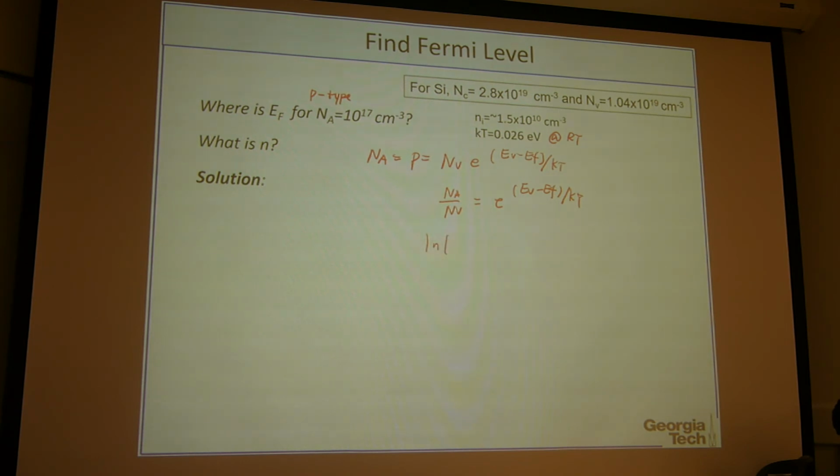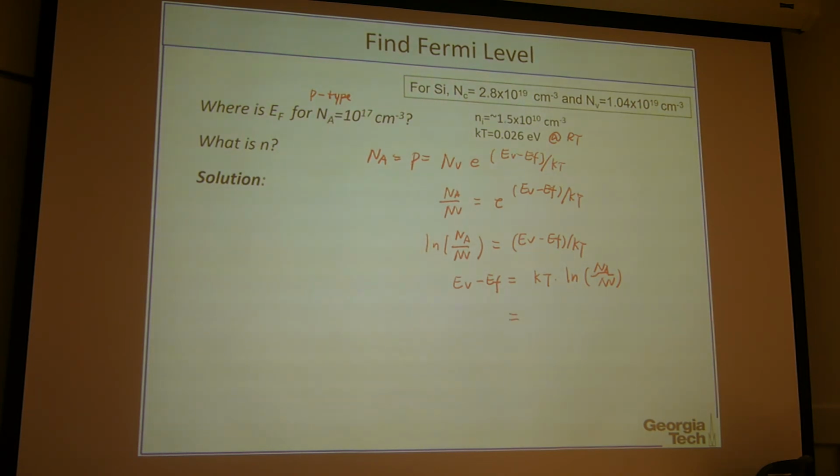If you do that, it will give you EV minus EF over kT. Then you move the kT to the other side. So EV minus EF is kT times natural log of Na over NV. Then you can plug in the numbers now.